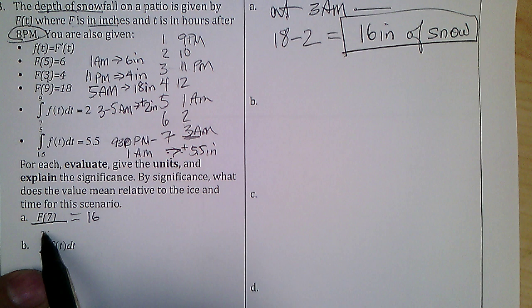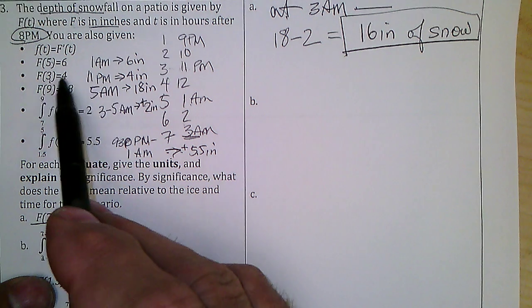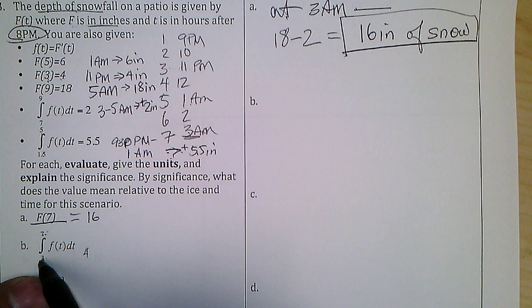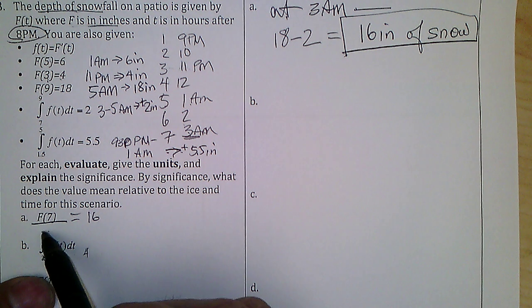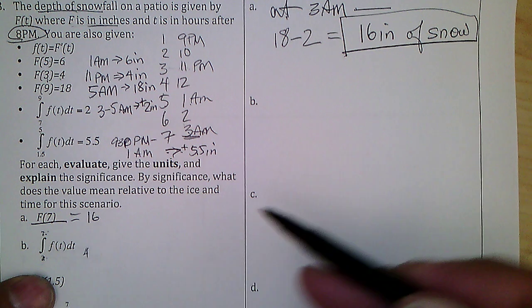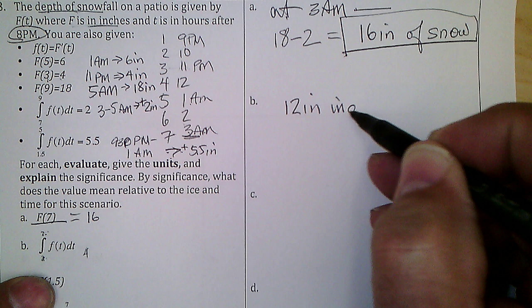So F of 7 is 16, and F of 3 was 4. So between 3 hours and 7 hours, it went up 12 inches. So it went up 12 inches increase.